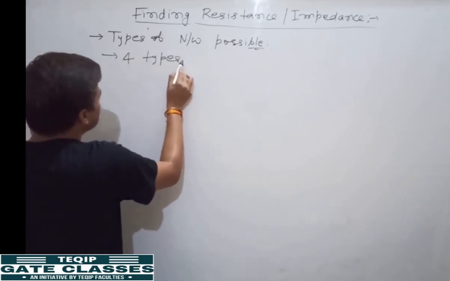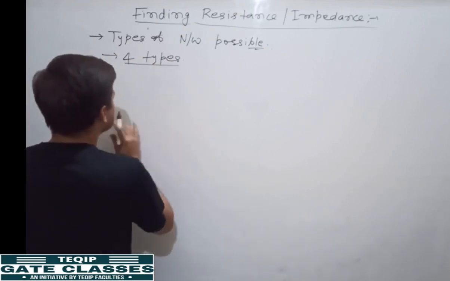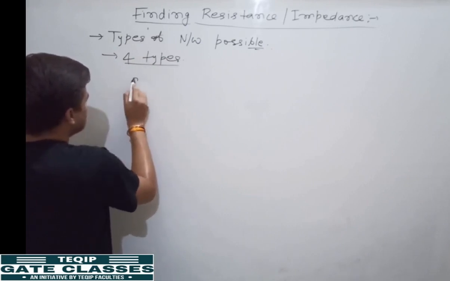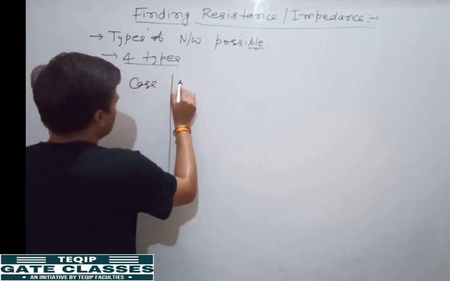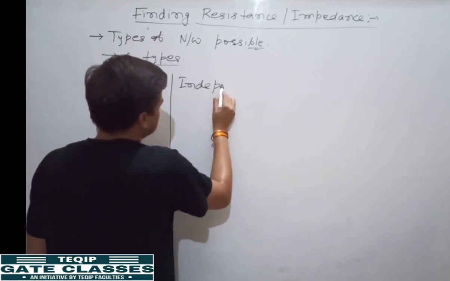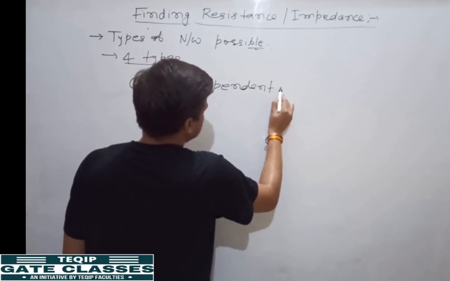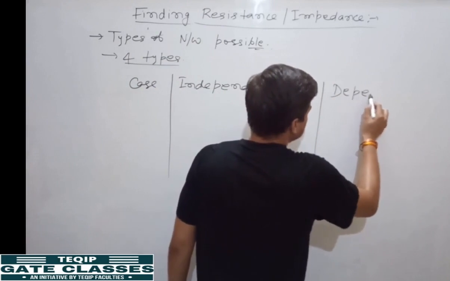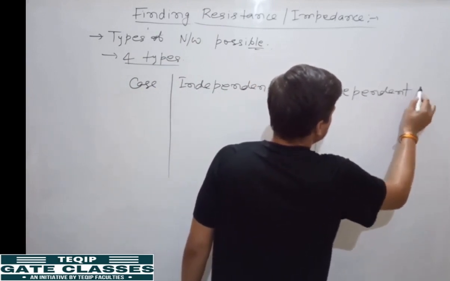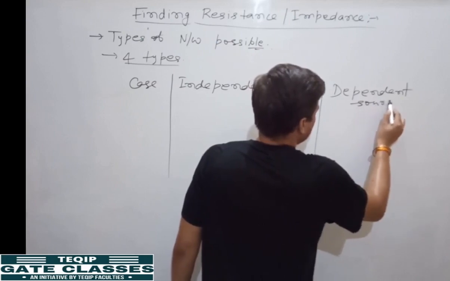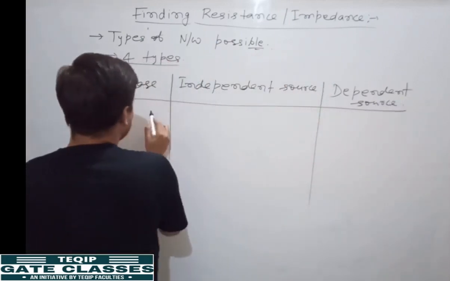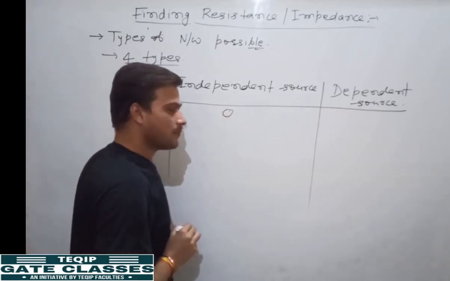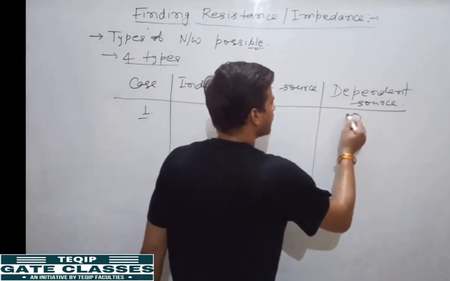There will be four possible types of networks, based on independent source and dependent source. The first case will be a network in which there won't be any independent source and there won't be any dependent source. Clear?